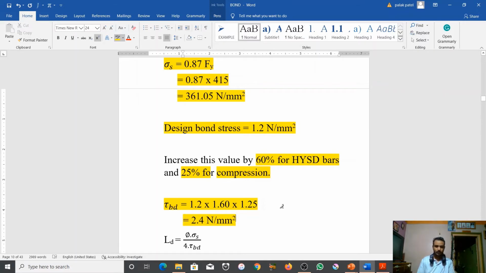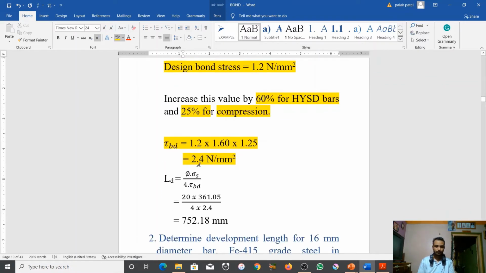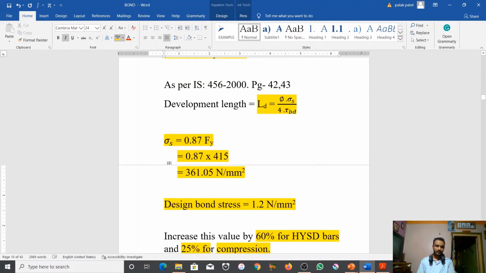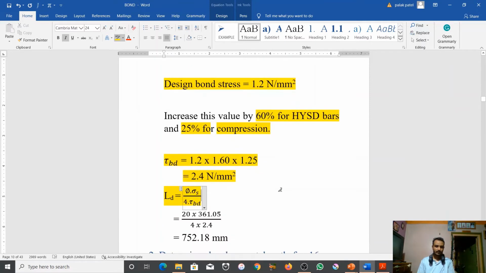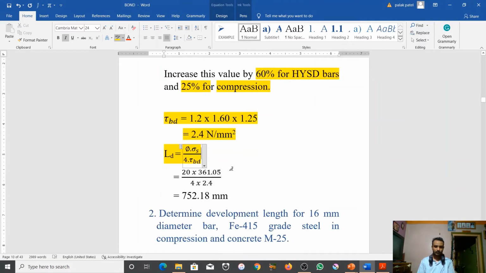Okay, so we found all the values here. Put all these values in this equation. LD is equal to phi into sigma S upon 4 into tau BD. Phi is 20. Sigma S we found is 361.05. 4 into tau BD is 2.4.